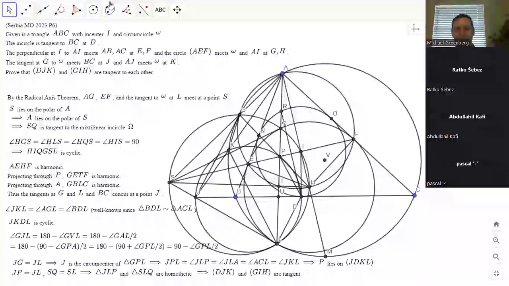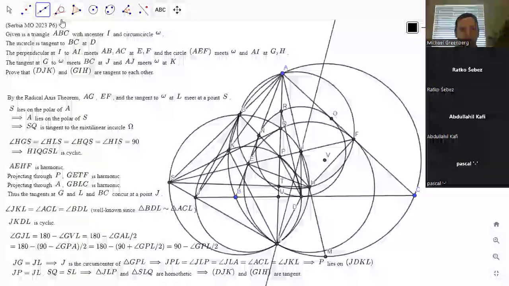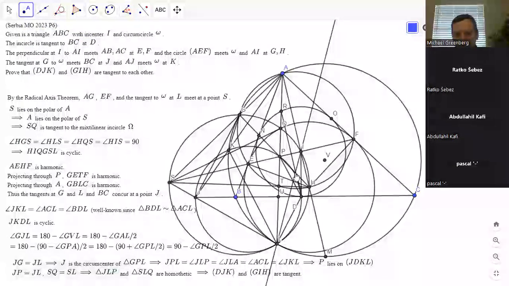I actually, for the tangency part, intersected IL with the little circle, the circle DJK, and then proved we have two parallel lines, which was also an angle chase. Oh, so basically like a homothety.